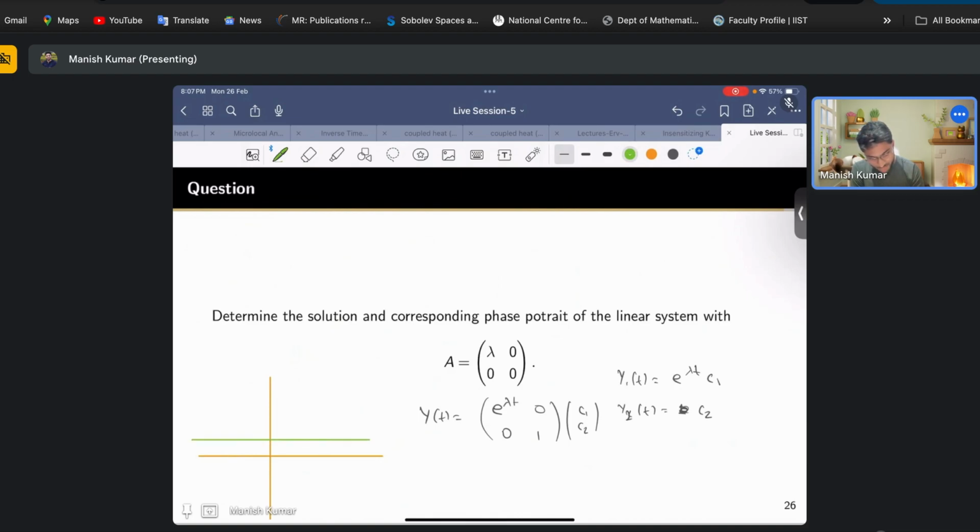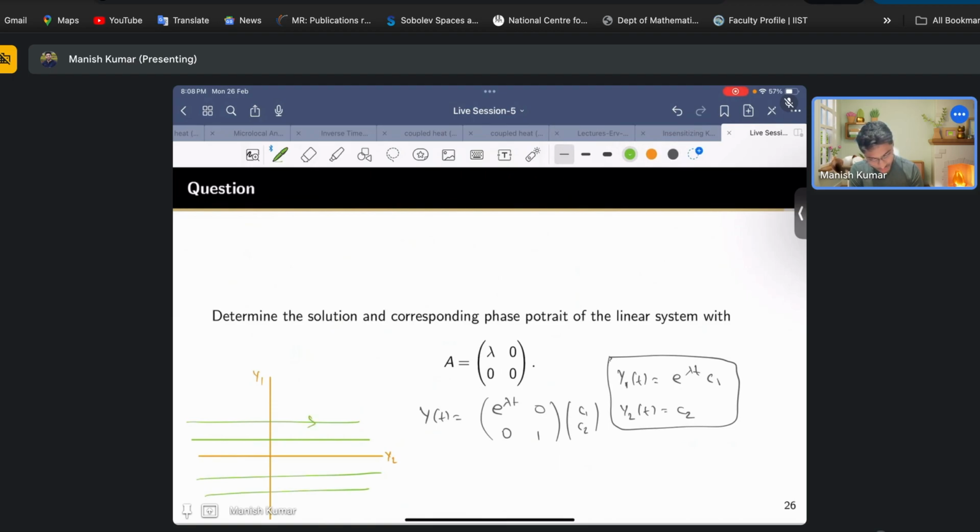So for this y1, you can see as t goes to infinity, this is going to infinity.